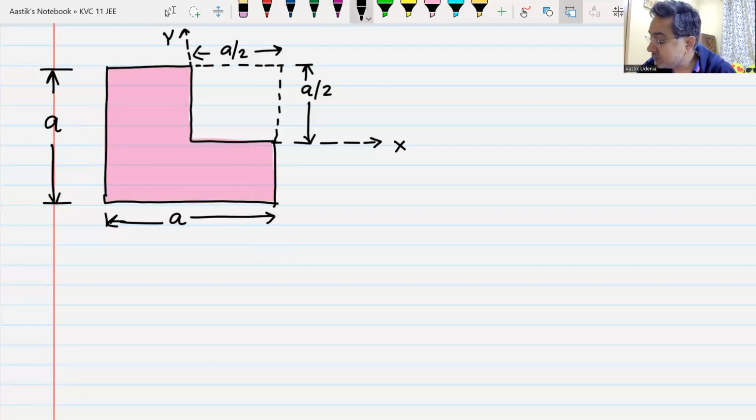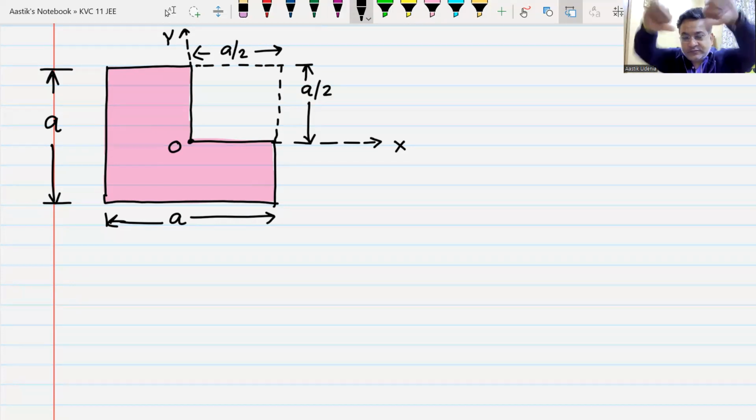You can take, just for simplicity, your origin at point O, which is the center of whatever it was previously. Do you understand this figure? Yes or no? Then you have 2 minutes to show your talents.